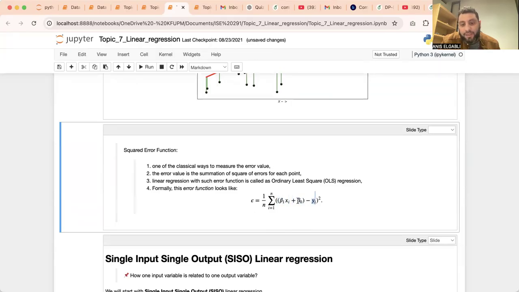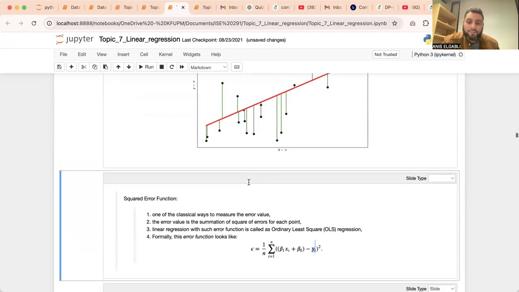Take the difference between them, square it for every point, and sum over all the points. You can consider the sum as well as the average. The beta 0 and beta 1 that minimize the sum of the squared errors are the same as the ones that minimize the mean of the squared errors, because the factor is constant.